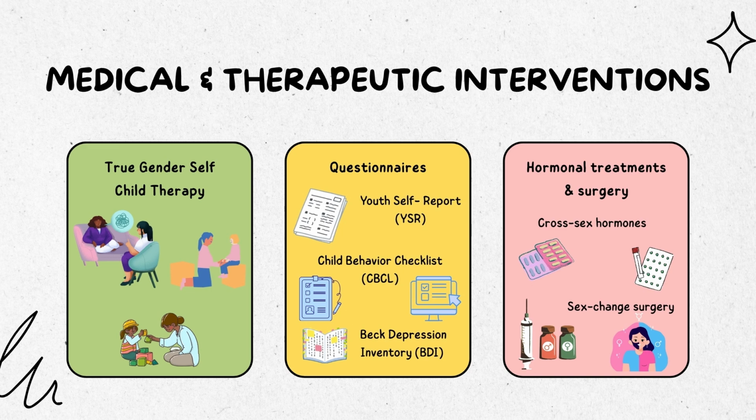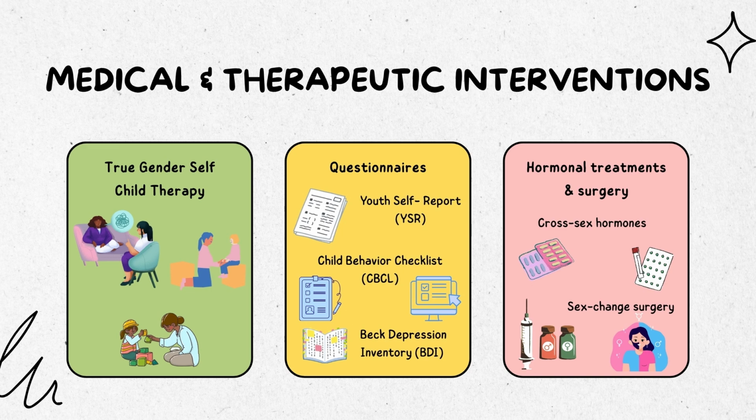And lastly, we have the most common intervention, which is hormonal treatments and surgery. In this case, for gender identity disorder, with the hormonal treatment and surgery, we know that people get a better chance to feel comfortable with themselves because they include cross-sex hormones.